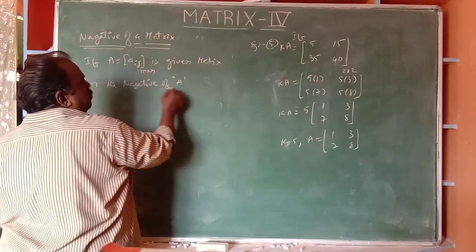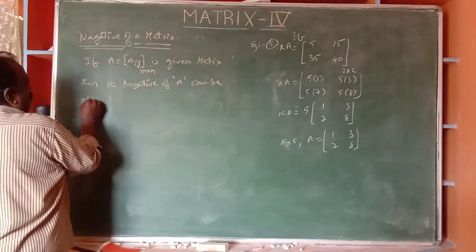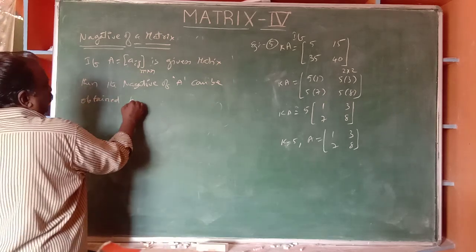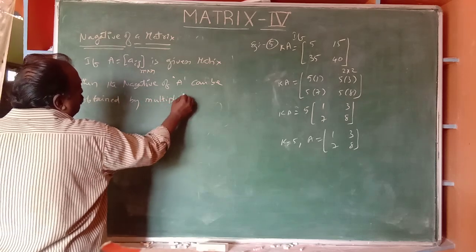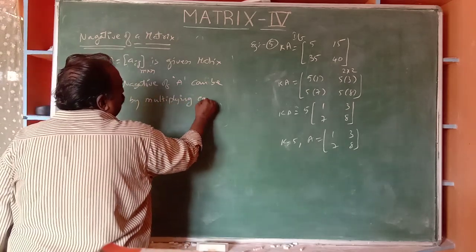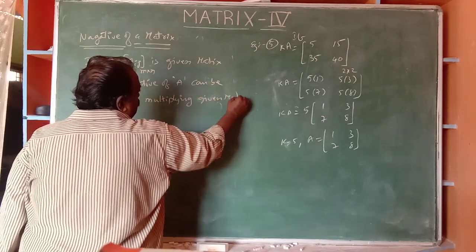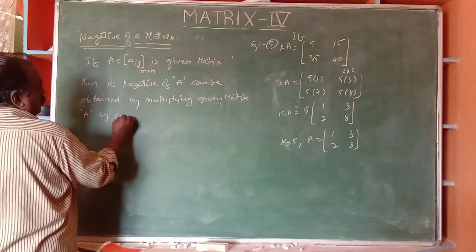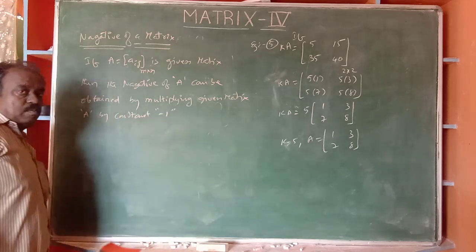The negative of a given matrix can be obtained by multiplying the given matrix by the constant minus 1. Okay now?